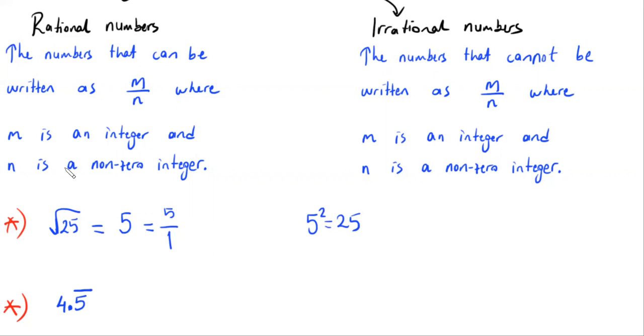So square root of 25 can be written as 5 over 1, and 5 over 1 is a fraction. That means square root of 25 is a rational number. Why? Because square root of 25 can be written as 5 over 1.